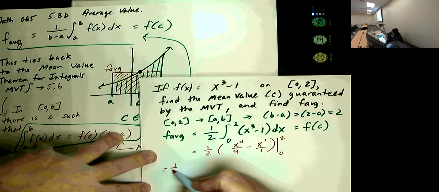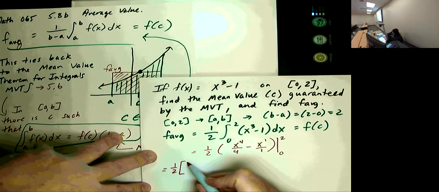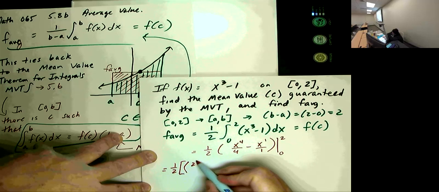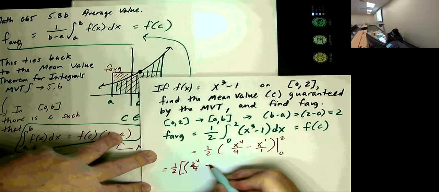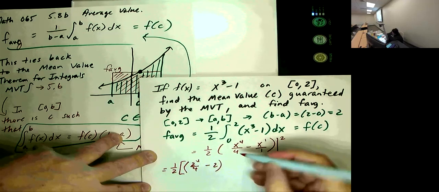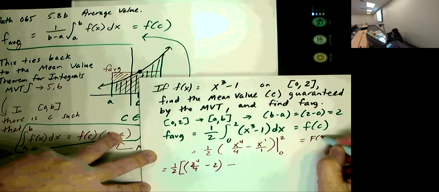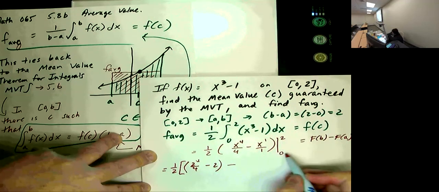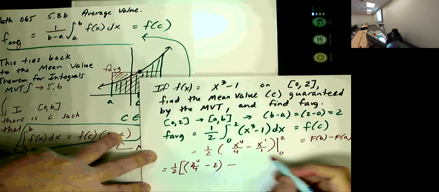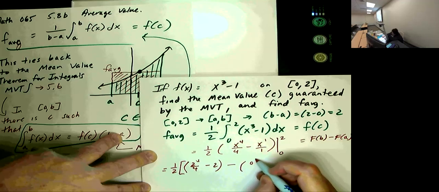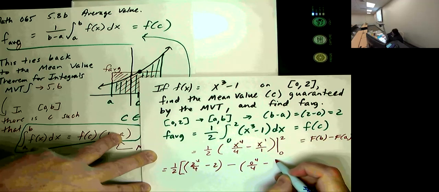So I've got 1/2 times 2 to the fourth power over 4 minus 2. And then minus, remember, we do f of b minus f of a. So I'm going to do the upper one minus the lower one. 0 to the fourth power over 4 minus 0 to the first power over 1.